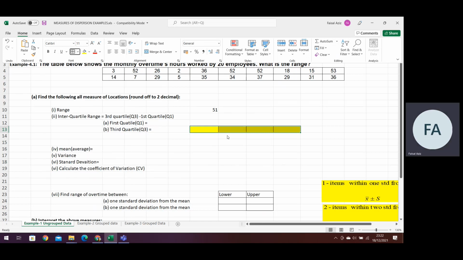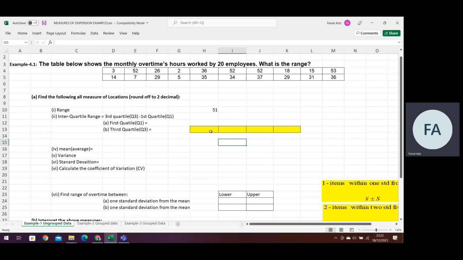I'm explaining about quartile. Let's assume that this is one line and I have to divide this line into 4 equal parts.